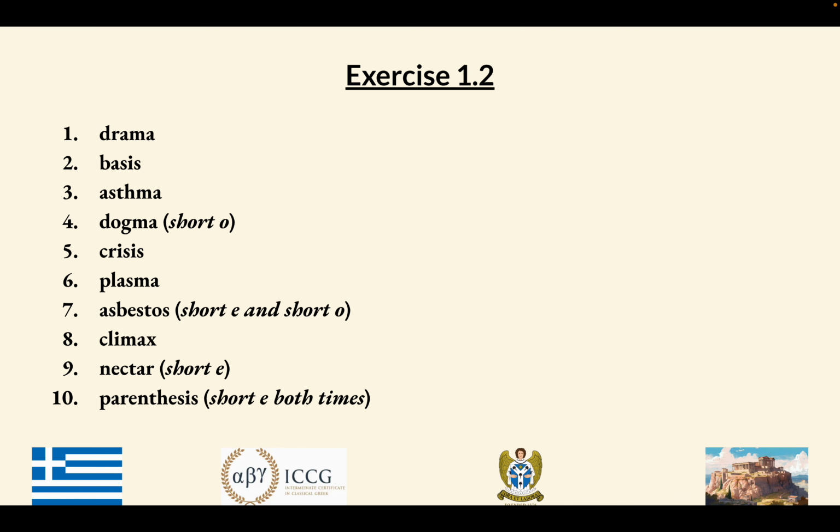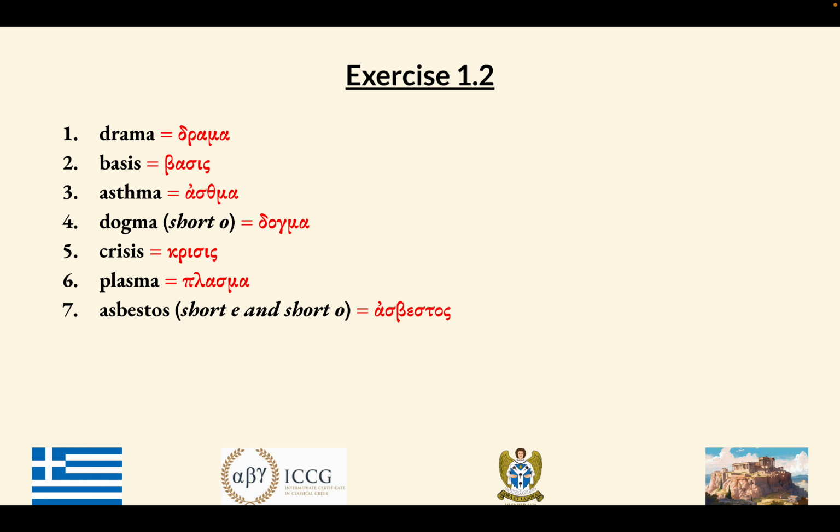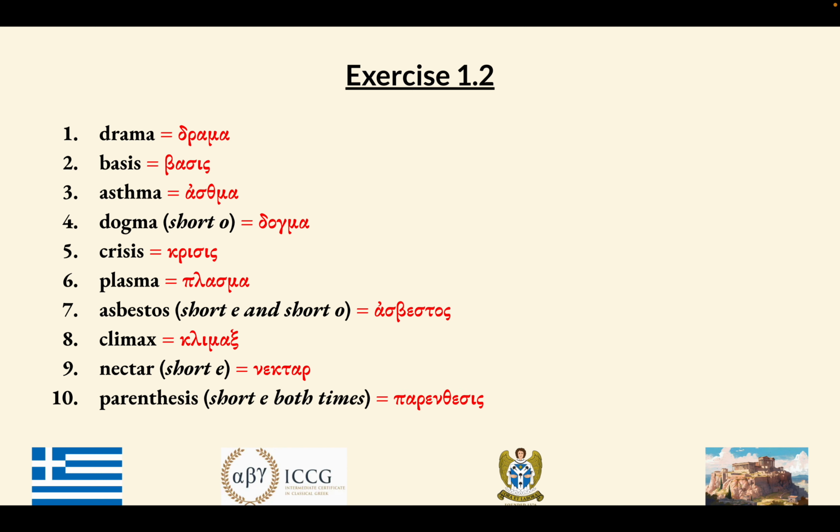Okay, exercise 1.2 is going from the English alphabet into the Greek alphabet. So we have drama, then basis, then asthma, then dogma, then crisis, then plasma, then asbestos, then climax, then nectar, and then parenthesis.